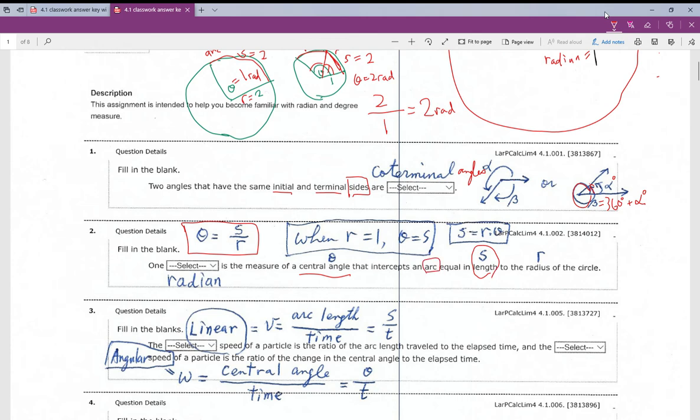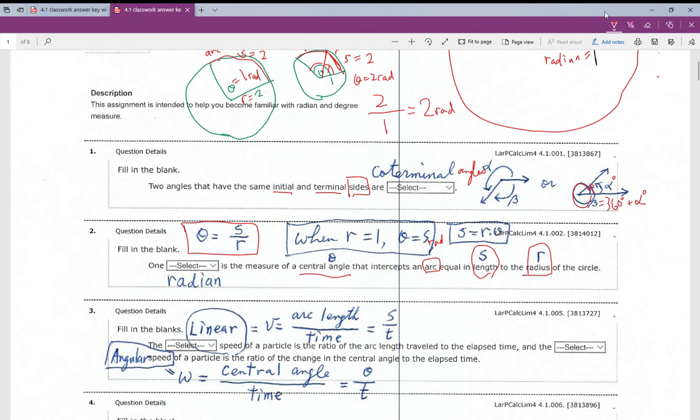The length of the arc, we call it S, and the radius R. The formula is theta equals S over R. So when R equals 1, theta happens to be the same: theta is S radian. You can just use the formula.